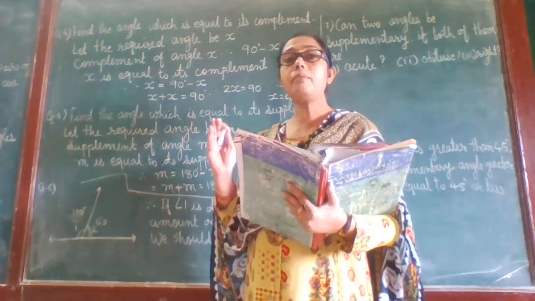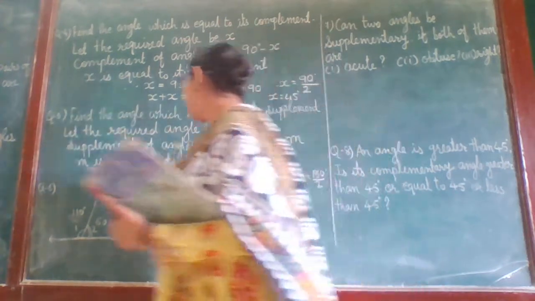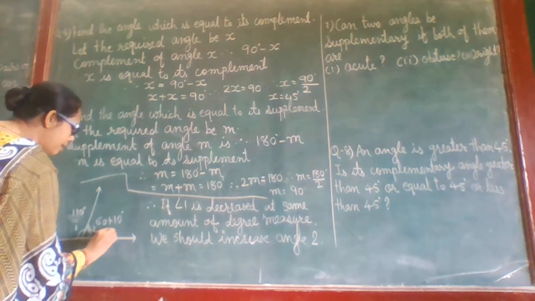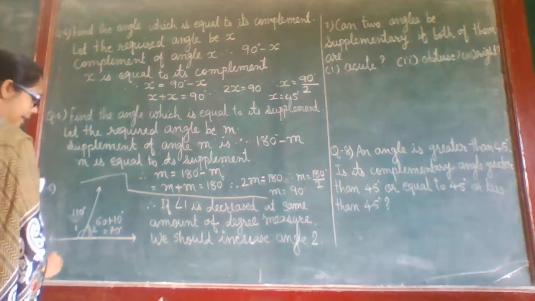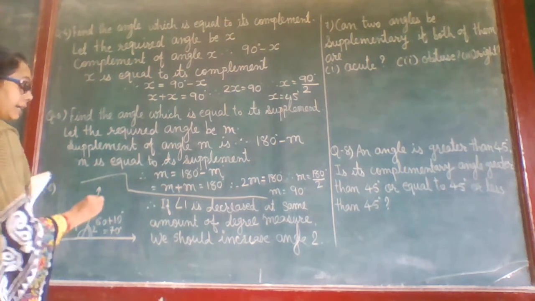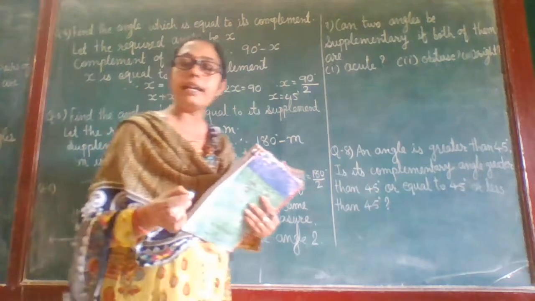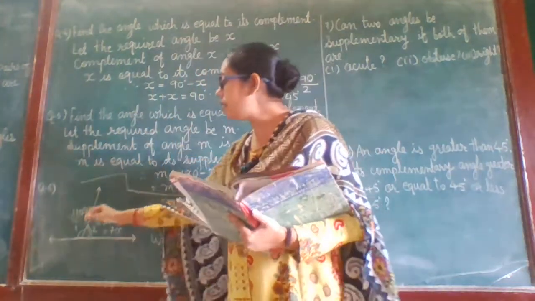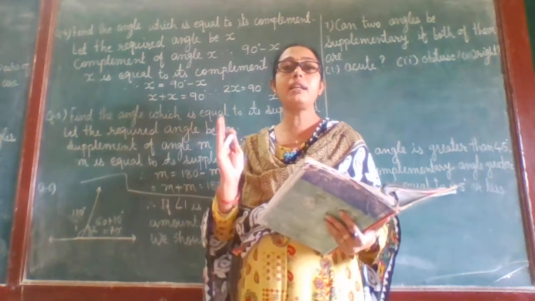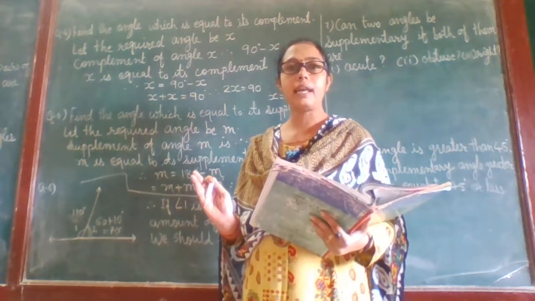So the same 10 degree we have to add in angle 2. So now angle 2 is 70 degree. We add 110 degree plus 70 degree, it is 180 degree. So after the changes, angle 1 and angle 2 still are supplementary angles.